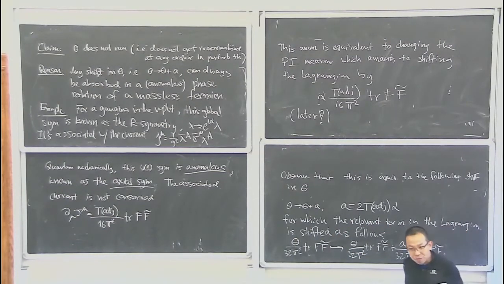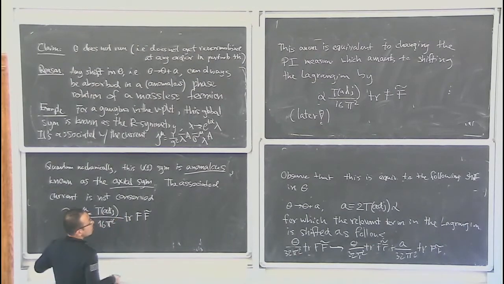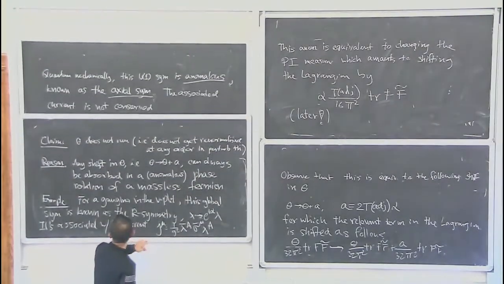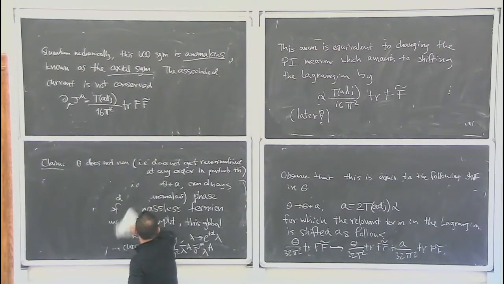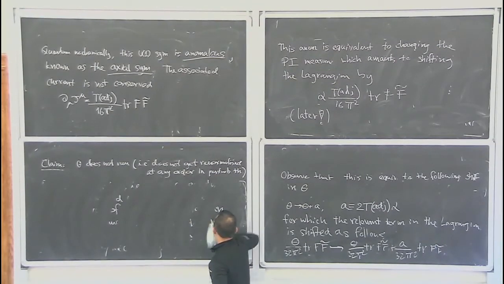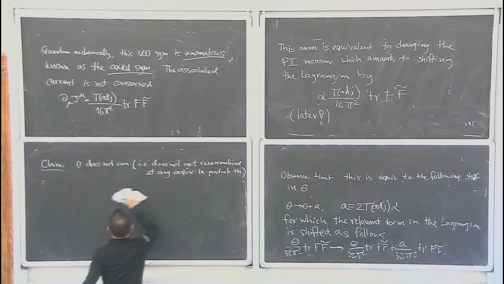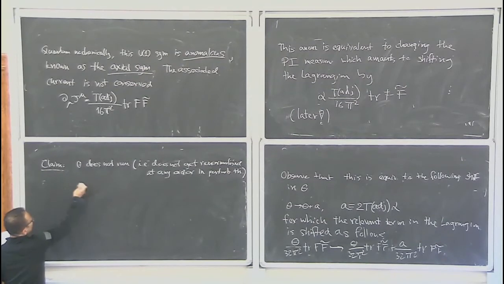You can prove one loop exactness. So with this claim, now we proceed to the second part.